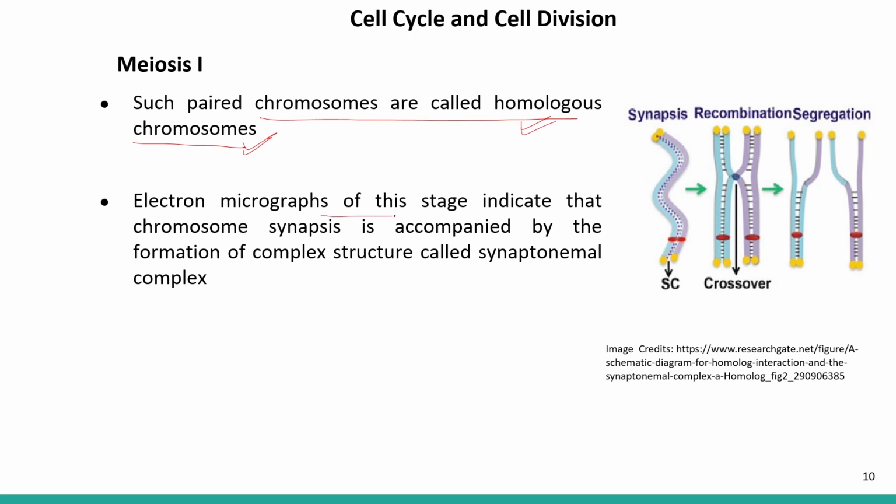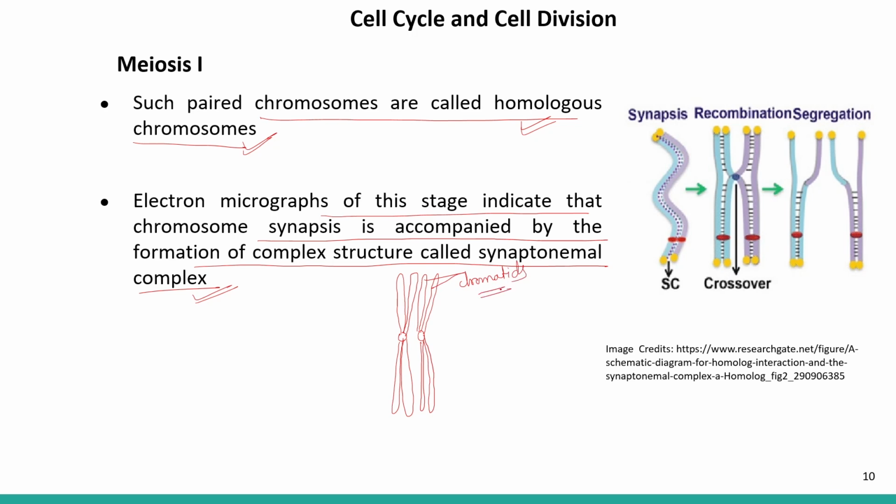Electron micrographs of this stage indicate that chromosome synapsis is accompanied by the formation of a complex structure called the synaptonemal complex. So in this stage, each chromosome now opens and the chromatids can be seen like this. This is one chromosome and this is the paired one, the homologous chromosome, and it is showing its chromatids.